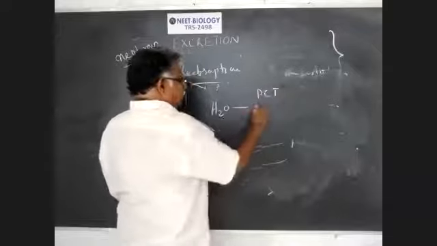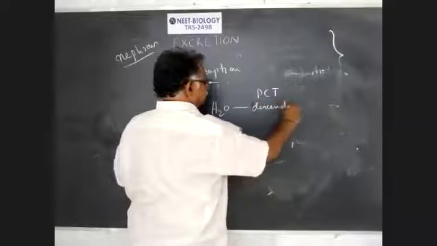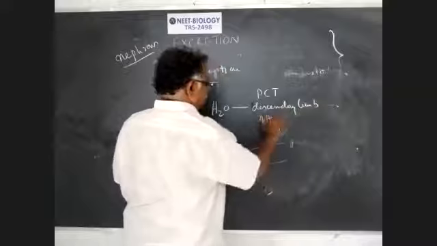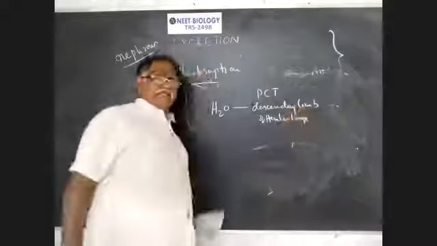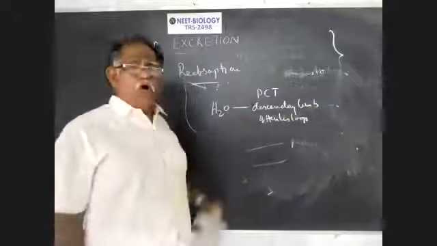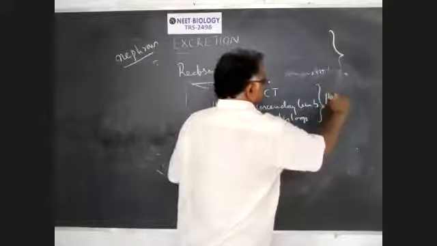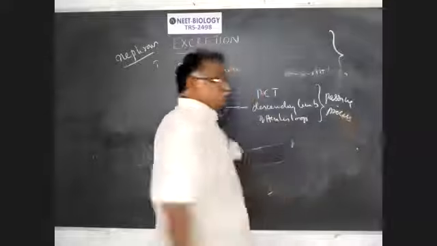Proximal convoluted tubule and descending limb of Henle's loop. In the descending limb of Henle's loop, water is reabsorbed by passive process. Important one, you have to note down.